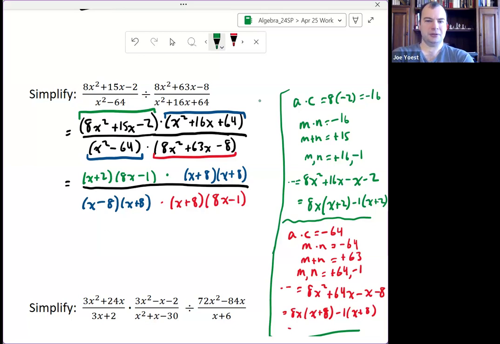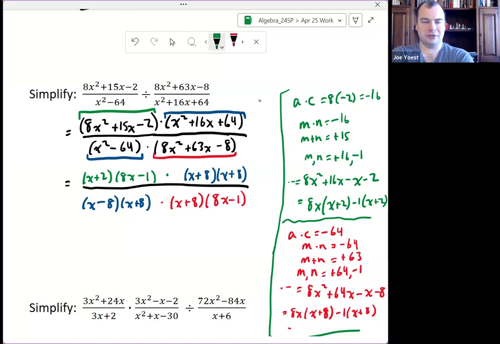My other 2 quadratic expressions are a little harder to factor. I don't really notice anything like a perfect square pattern or anything like that to help me out. So I'm just going to factor these with AC grouping. They're a little too complicated, I think, to do guess and check. If you wanted to try guess and check, you could, but the problem is that this factor of 8 in front of the x squared could factor as 1 times 8 or 2 times 4.